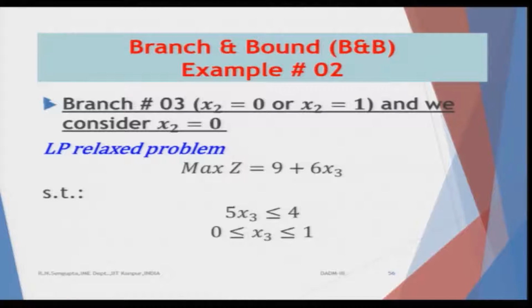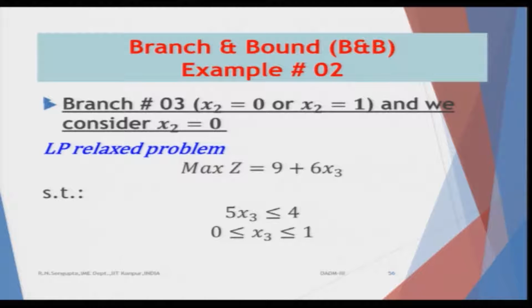So, the relaxed problem we solve, which is branch number 3, is where we have already taken x2 as 1. x2 could have been 0 or 1, so we take x2 as 0 now, and the LP relaxed problem formulation is like this.